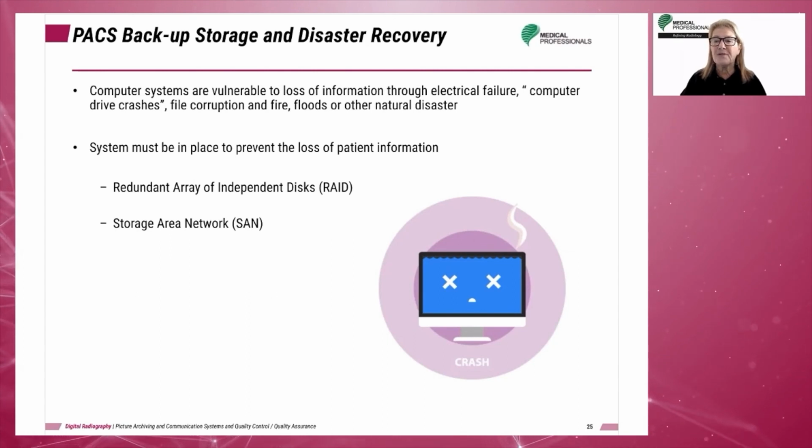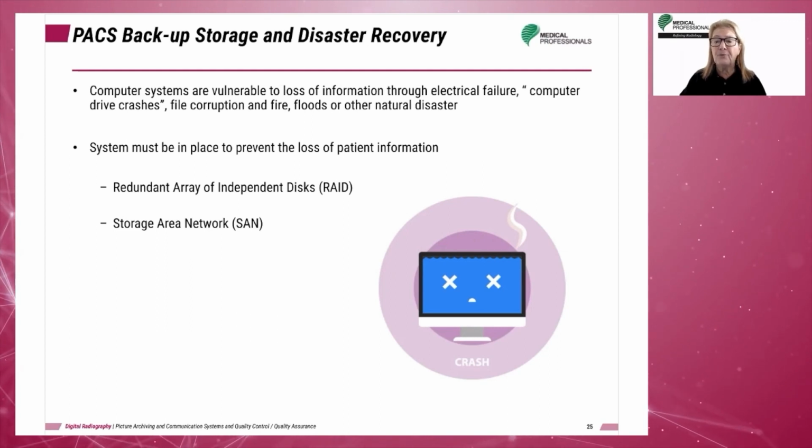Computer systems that store medical information and images are vulnerable to loss or corruption of files through the crashing of computer hard drives, electrical malfunctions, file corruption, institution fires, floods, or other natural disasters.